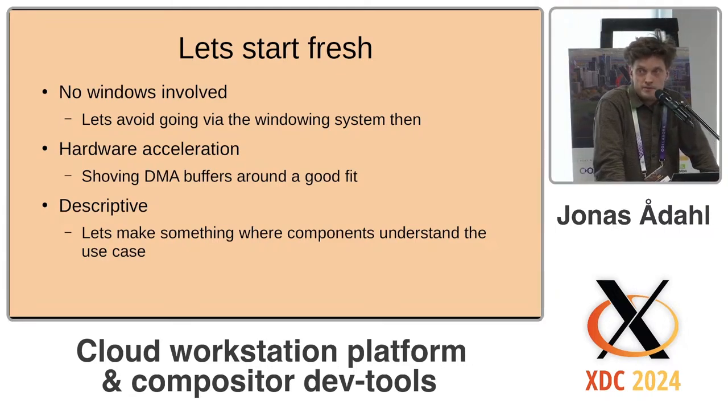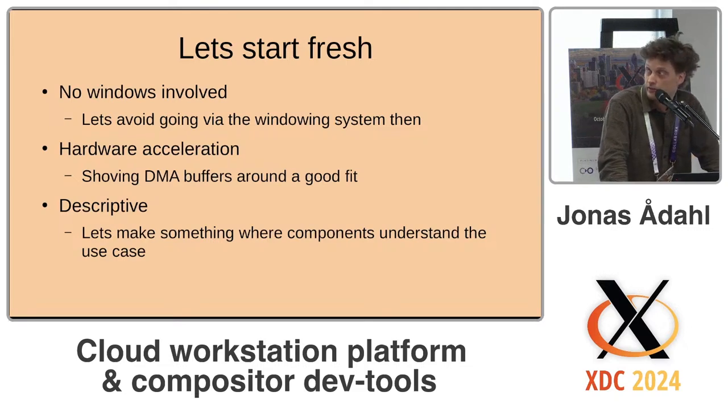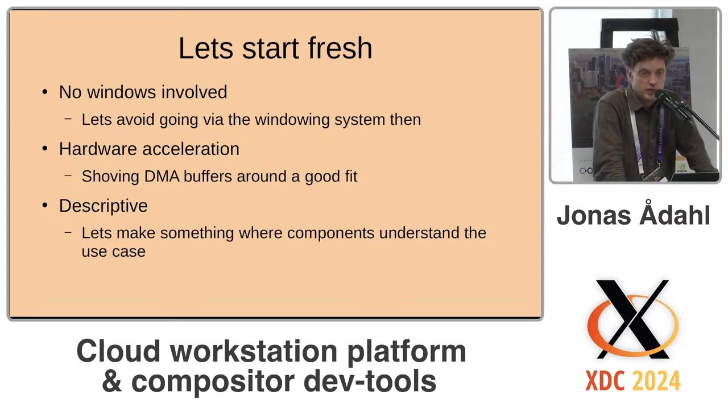Since the overall move to Wayland, it unlocked using DMA buffers for just passing around the system. So that was a perfect fit for that. Also taking inspiration from Wayland, making things a bit more descriptive. The desktop environment or the components will know that it's a remote desktop session. It can change behavior and things like that.